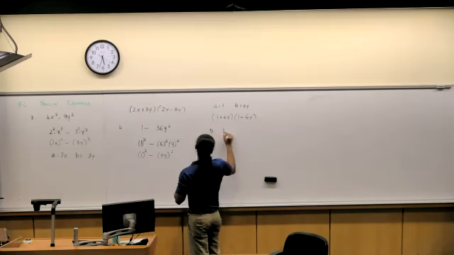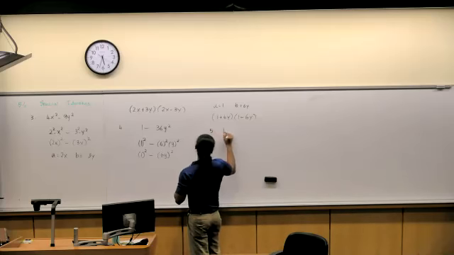Let's give that one a try. Is 49 a perfect square? Yes. 7 squared is 49. So 7 squared times x squared. Is 25 a perfect square?